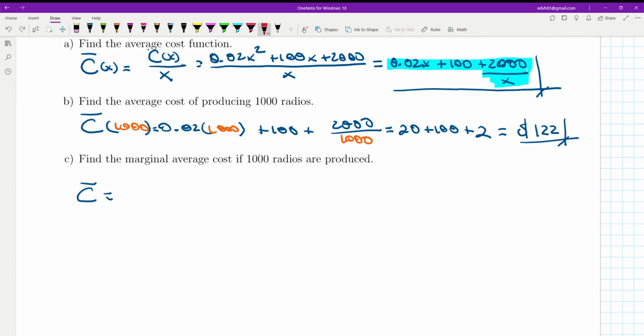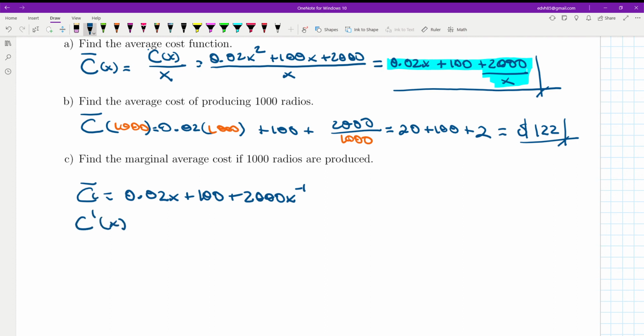That needs to be in the numerator in order to be able to differentiate it. So 0.02x plus 100 plus 2000 x to the negative 1.